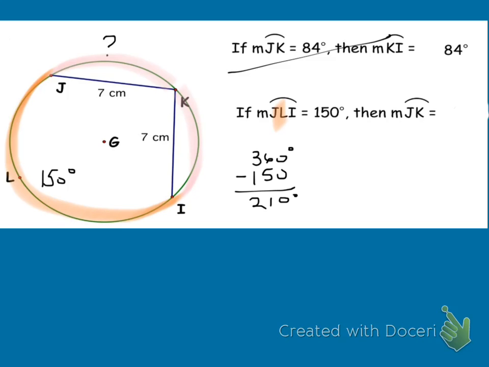Well, because these arcs are still congruent, based on our diagram, we know that they're equal. These chords are congruent. Since we know the chords are congruent, then the arcs are also congruent. So then I'm going to take that 210 and divide it by 2, and that's going to give me that arc JK and KI for that matter are 105 degrees.